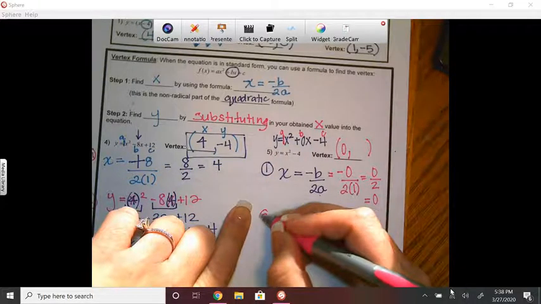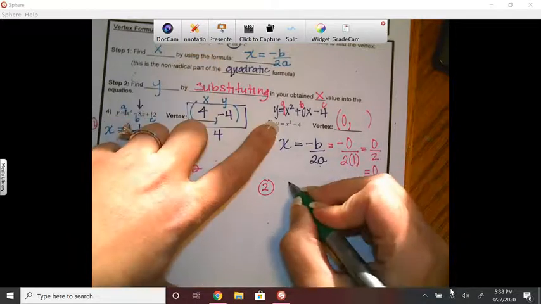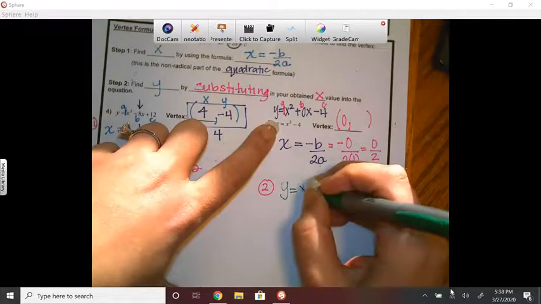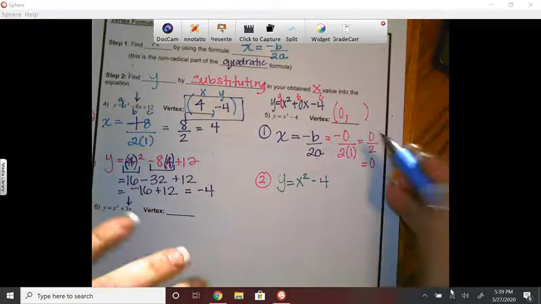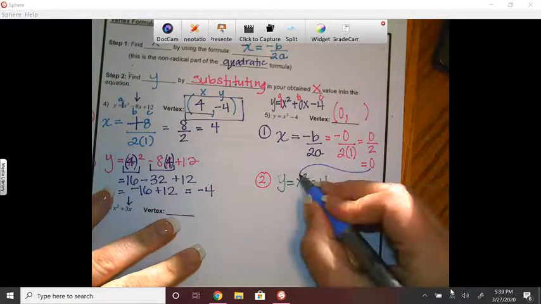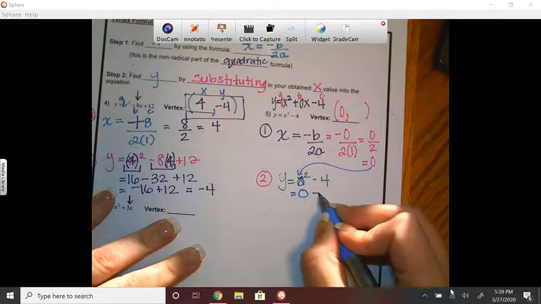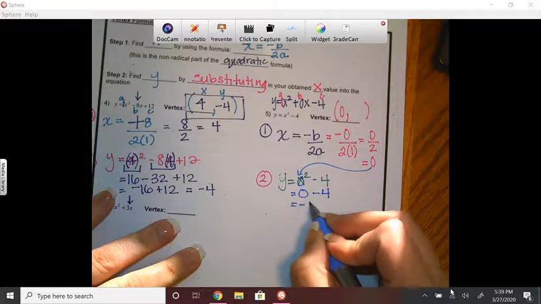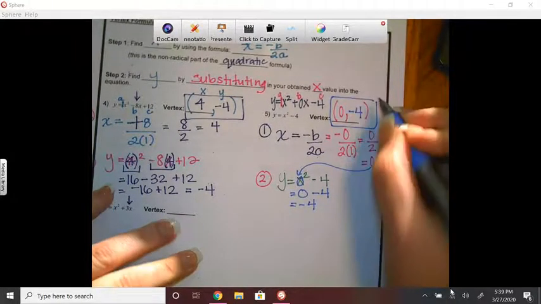And then step 2, we take our original equation, y equals x squared minus 4, and we take that number we just found for x and plug it in. So we would get 0 squared is 0, and 0 minus 4 is -4. So we just found our vertex is at 0, -4.